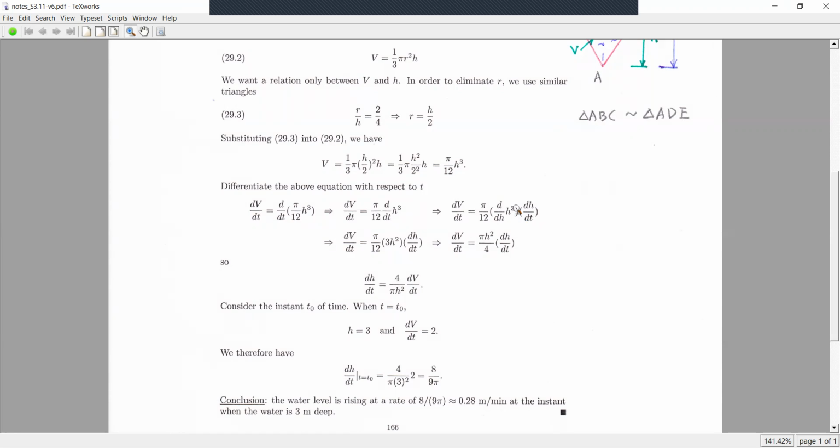The derivative of H to the third with respect to H is 3H squared. Simplify the right side, then we have this equation. Now, we want dh/dt, so move pi H squared over 4 to the left side. Then we have this equation. This is the derivative of H with respect to the time t.